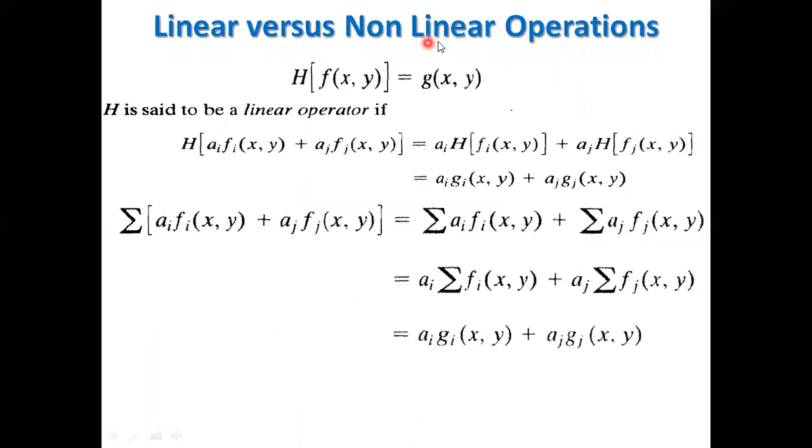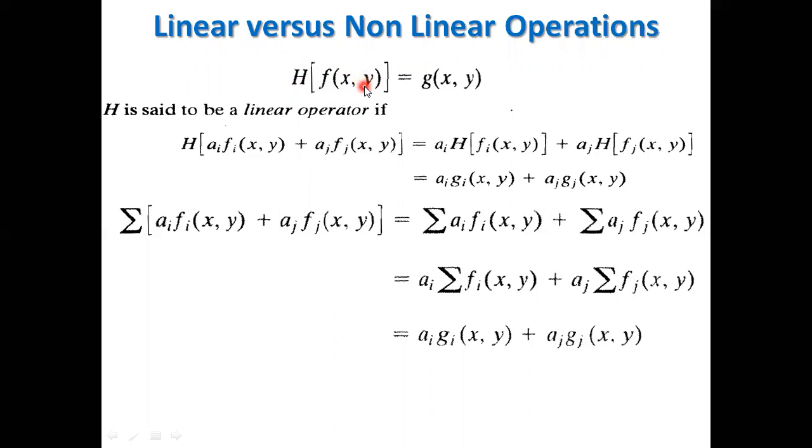Linear versus non-linear operations. Here we take a two-dimensional image in the form of f of x comma y, a function of x comma y. Here x comma y are called spatial coordinates.